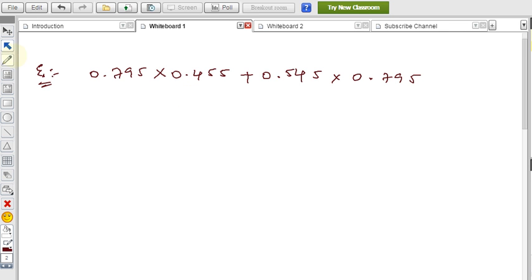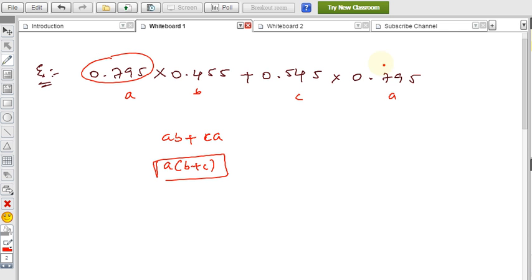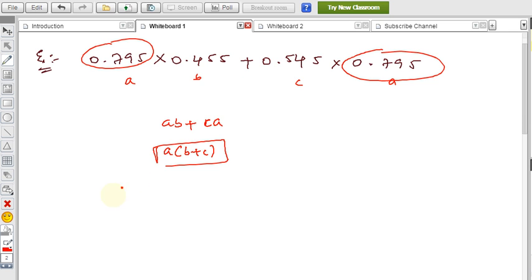So if you treat the first one as A into B, and this one as C into A only, both A are the same, right? So AB plus CA. If you take A common, A into B plus C. So from both terms, 0.795 you take common.